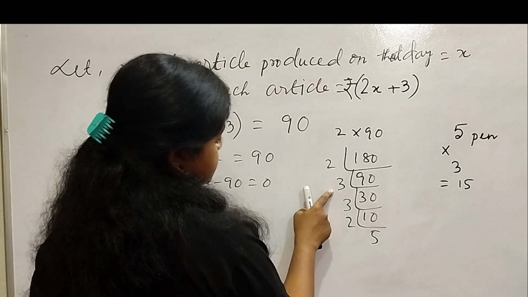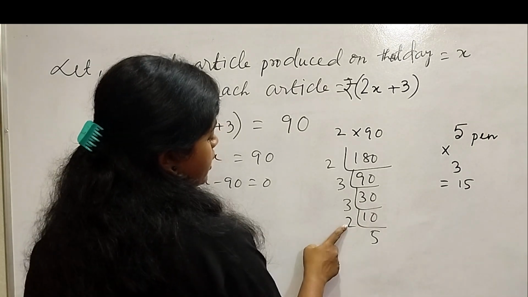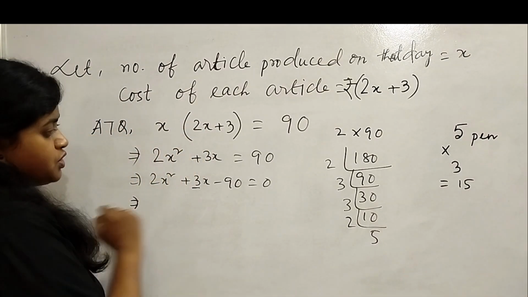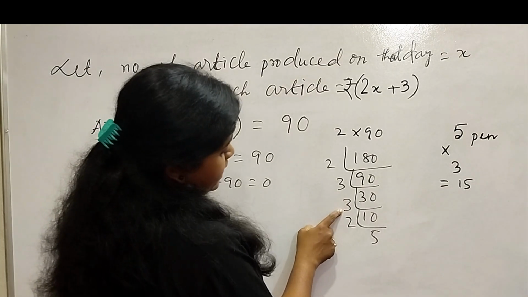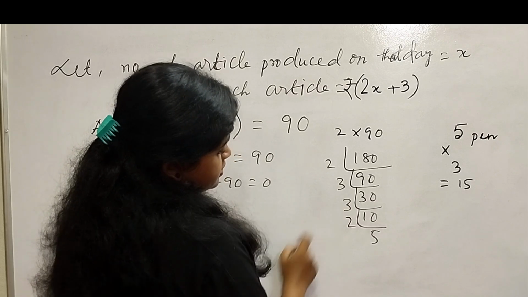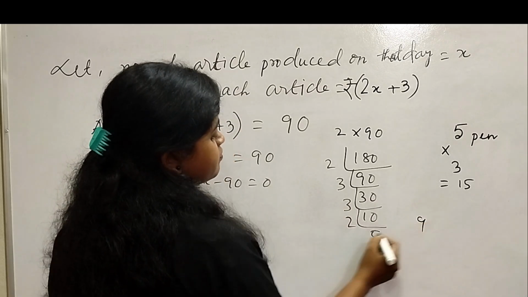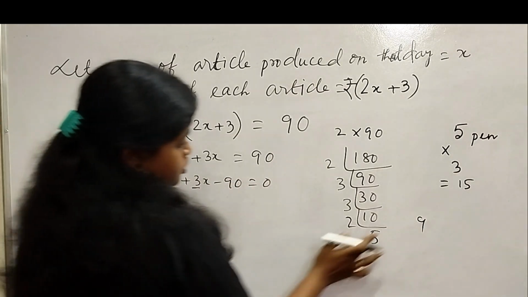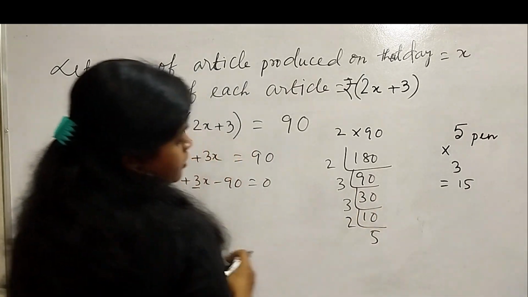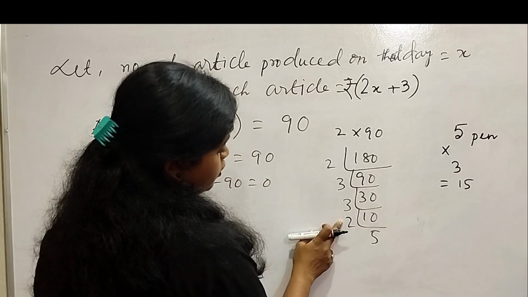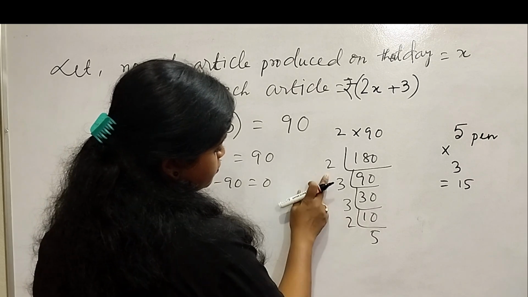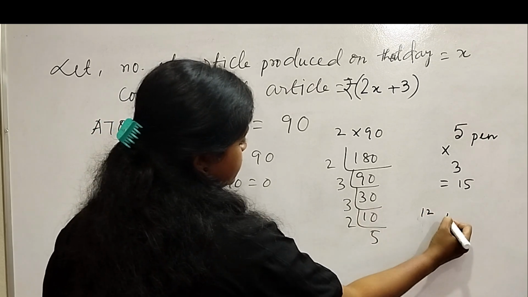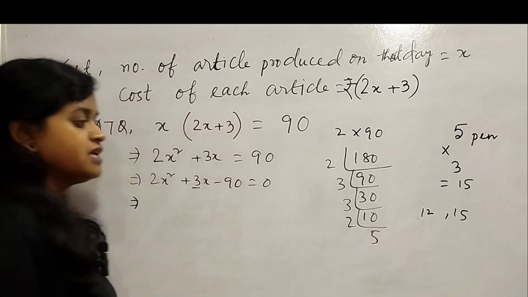So 2 3s are 6, 6 3s are 18 and 2 5s are 10. 18 and 10 will not give 3. 3 3s are 9, 5 2s are 10, 10 2s are 20. No, this is not going to work. So 2 2s are 4, 4 3s are 12 and 5 3s are 15. Yes, so 15 and 12 give me 3.